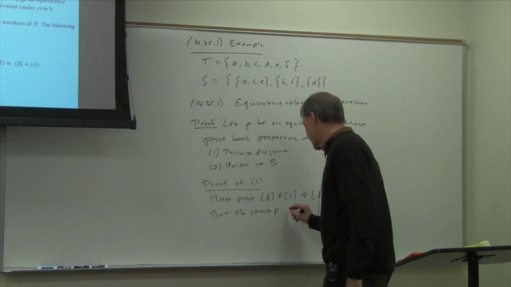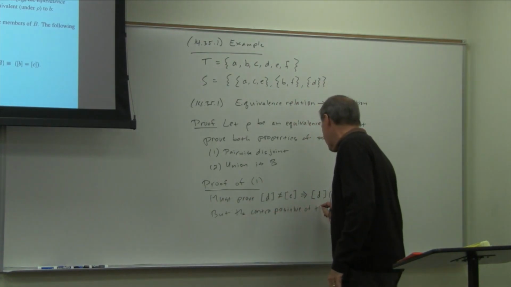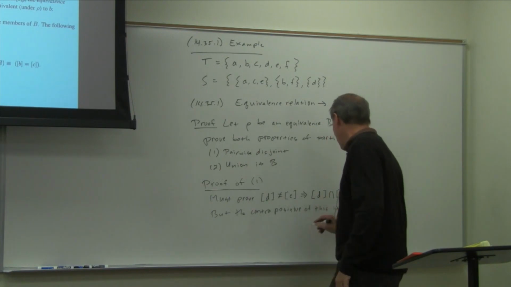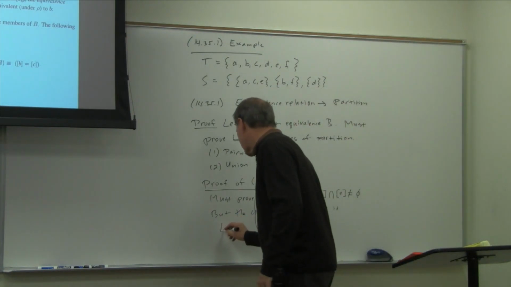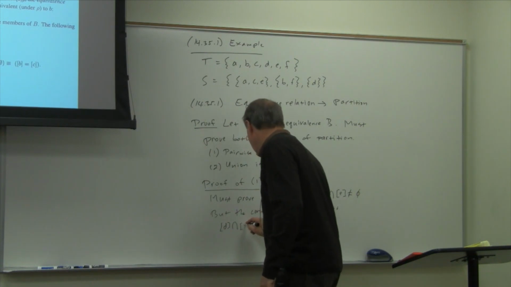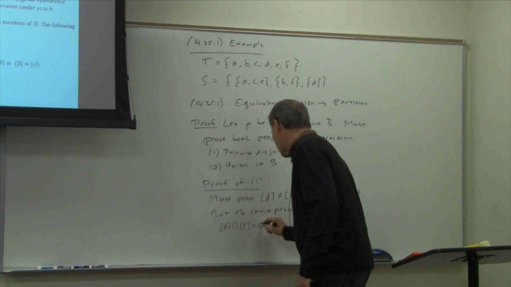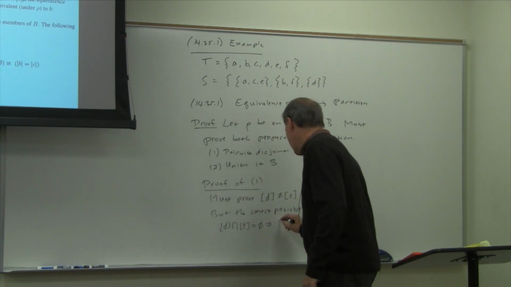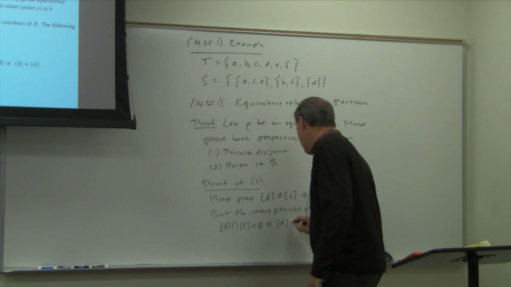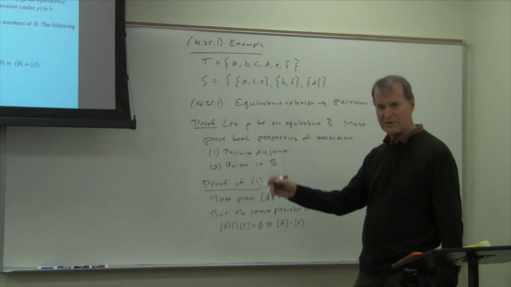The contrapositive of this is: D intersection E equals the empty set implies D equals E.